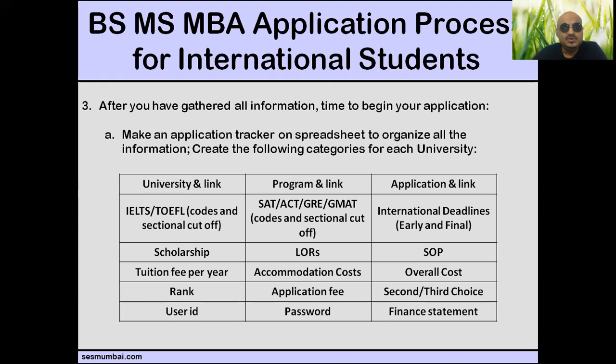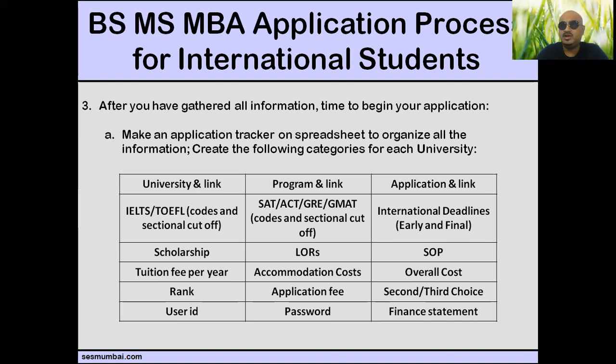Tuition fee per year. Each institution will have different tuition fees, so make a category for tuition fee. Accommodation cost, overall cost, rank of that institution, application fees also differing from one institution to the other. Write down a second or third choice if you're going for it. Then finally, once you have submitted your application, they will get back to you with a user ID and password.